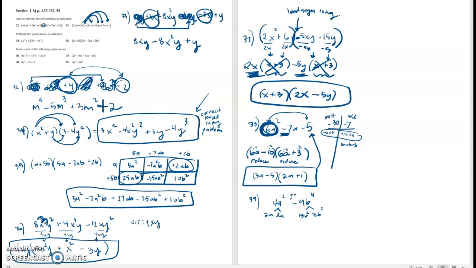Differences means they're not getting along, things are not going well. Subtract is another word for difference. This is called difference of perfect squares. And if they're having their differences, they need to break up. Well, when they break up, a 2a has to be at the front because that's what started the problem, 2a, 2a. And then you're going to have a 3b squared at the back, 3b squared at the back.